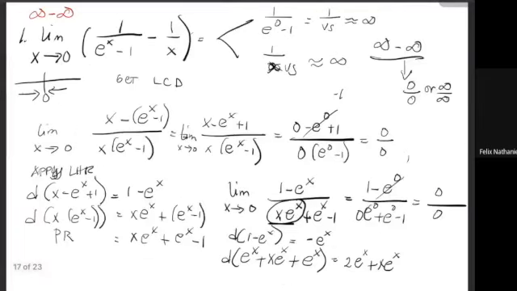Kaya balikan natin yung mga examples natin. Saan ba tayo tumigil? Kasi ito 0 over 0 pa rin, tapos nag-derive na tayo ngayon. Pag-derive natin sa numerator, hindi na siya 0 kasi e to the x na lang. Mayroon tayong numerator na may value na talaga. Pag i-apply mo yung x equals 0, mayroon tayong e to the 0, which is 1.